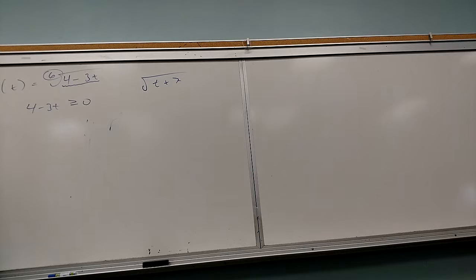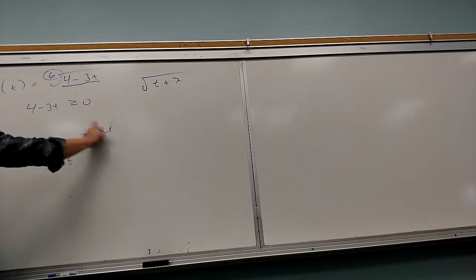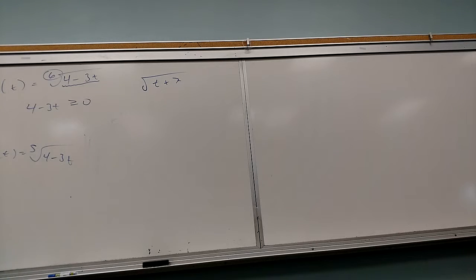Anything else from homework? So how would this have been different if the question had been this? By the way, this isn't done. Yeah, this would have been all real numbers. Why?